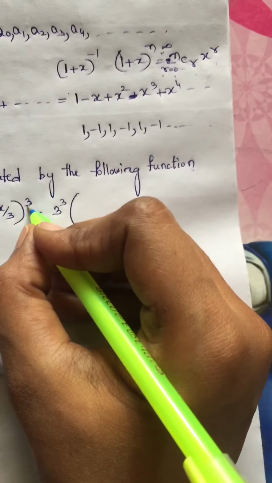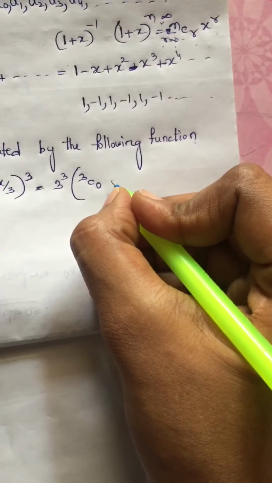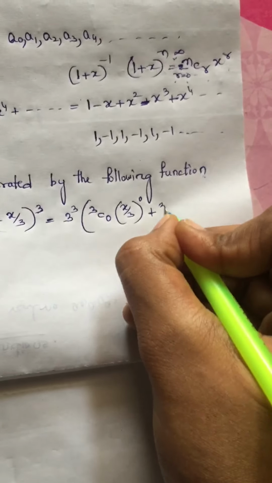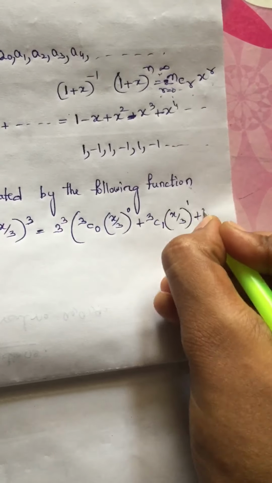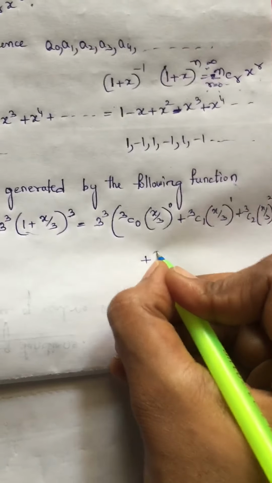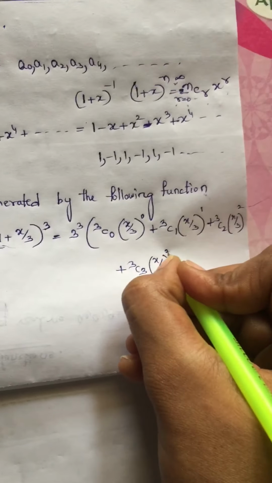In n place what value do we have? 3. So 3c0 (x by 3) to the power of 0, plus 3c1 (x by 3) to the power of 1, plus 3c2 (x by 3) to the power of 2, plus 3c3 (x by 3) to the power of 3.